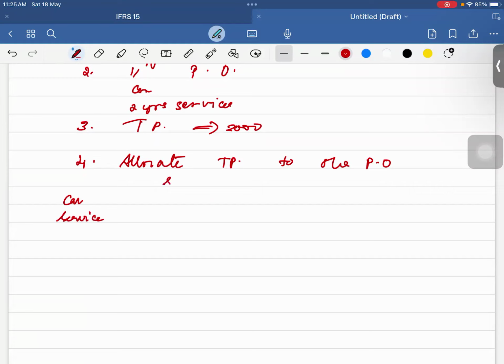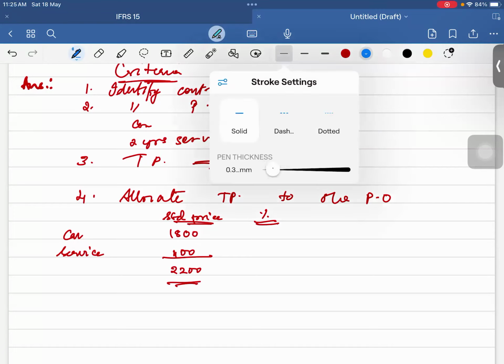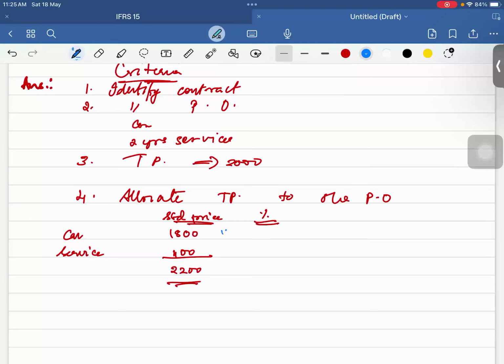And the standalone price is given. How much is that? 1800 and 400, right? So in total it is 2200. The next thing you do is find the percentage. The percentage is done like this: out of 2200, how much is 1800, into 100? And also 400 out of 2200, how much is it?